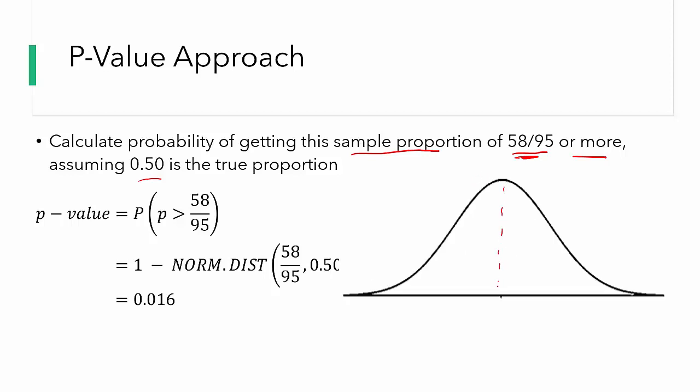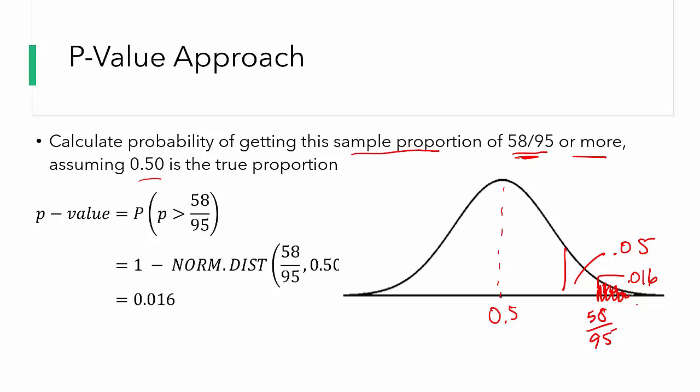Back to our picture, what the p-value does for us is tell us the probability of being 58 out of 95 or more. So this probability is really small. There's only a 1.6% chance that we could get 58 out of 95 if 50% is the true proportion. It's highly unlikely that we could get a sample as good as we got, or even better, but we did get that sample.